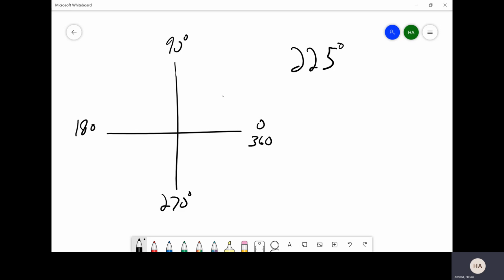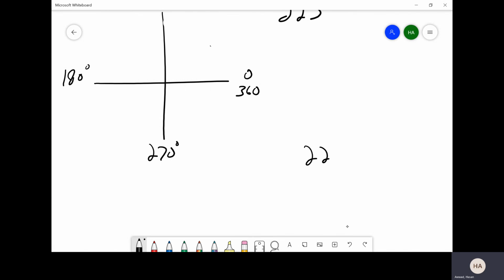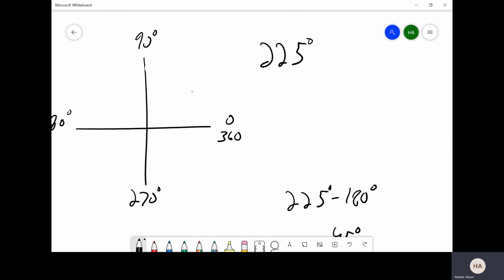So if I compare it to 180 degrees, then we just have to figure out, okay, well, how many more degrees is it than 180? So this is another good way that you can figure this out. So if we say, okay, well, 225 degrees minus 180 degrees, what should this give us? Well, this gives us 45 degrees, which says this is 45 degrees more than 180. And we already learned before what 45 degrees looks like, right? 45 degrees is essentially just splitting the quadrant in half.